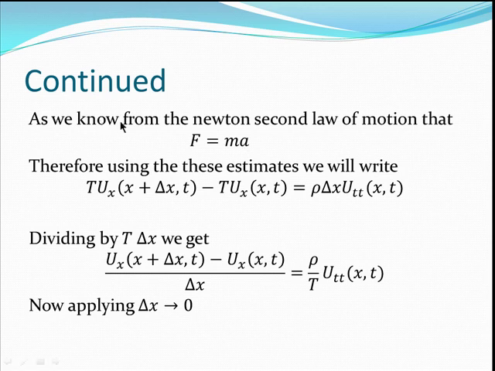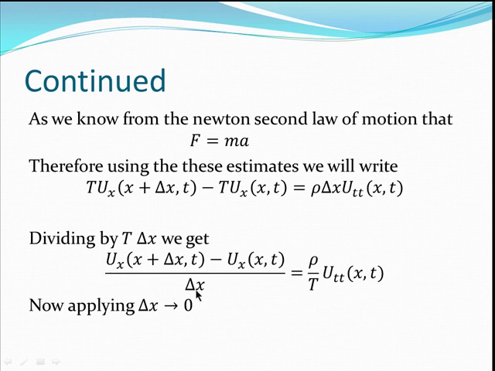So the estimate of force is equal to the estimate of mass multiplied by acceleration, and we get this expression. If we divide this expression by T delta x, we get [u_x at (x plus delta x, t) minus u_x at (x, t)] divided by delta x equals rho over T times u_tt.